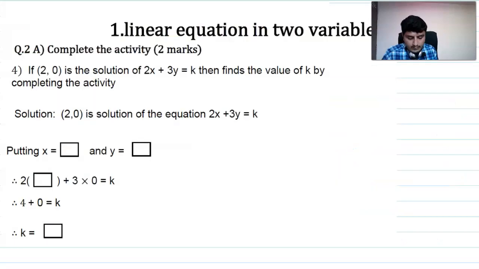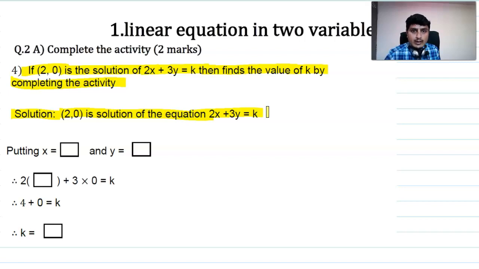Look at the fourth activity we have been given. If (2, 0) is the solution of 2x plus 3y equals k, then find the value of k by completing the activity. So the given solution is of the form (2, 0), a solution of the equation 2x plus 3y equals k. That means those values of x and y should satisfy the given equation.